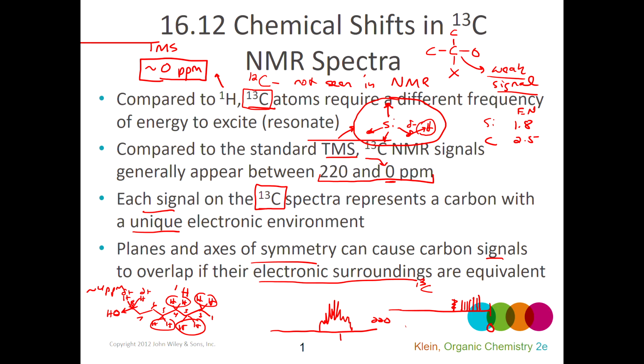And then the 8th one, which is right next to the oxygen, would be very distinct from the other 7. Right? So the nice thing about the carbon is every unique carbon gives a signal. I can count them all. I know where their shifts are, and that really helps, in a situation like this, to be able to recognize that the spectrum is a good match for the structure.